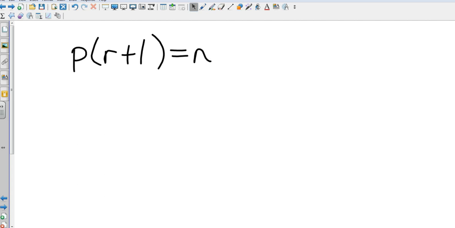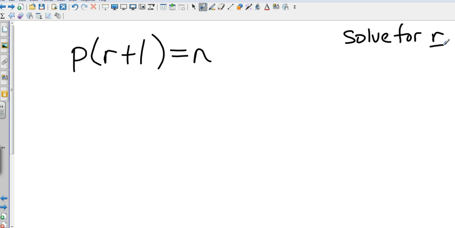And we're going to solve that for R. I'm just going to put that over here in the corner. Solve for R, so we want to get R by itself.